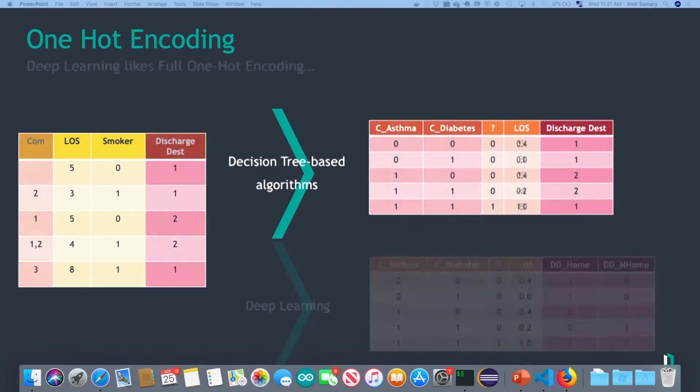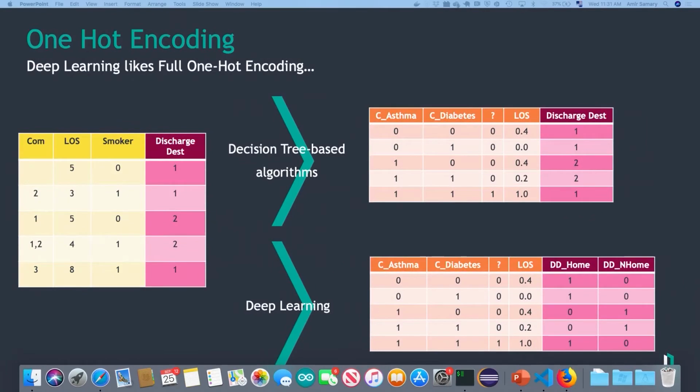For instance, decision trees do like the comorbidities to be each one on their very own column, but they don't like, for instance, the discharge destination, where you were either sent home, or to a nursing facility, or you died.